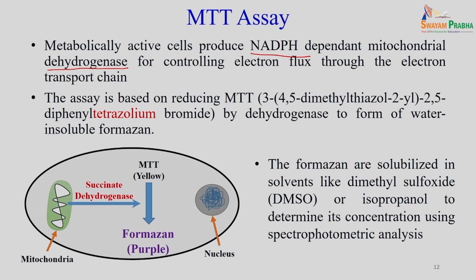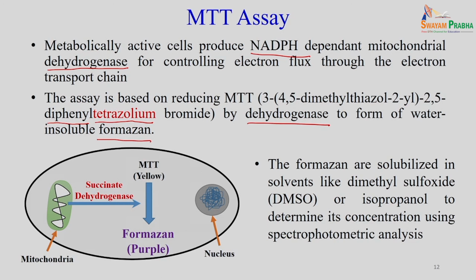Now, what happens is that MTT is a dye which has this diphenyl tetrazolium bromide group, and in the presence of dehydrogenases, it reduces it to form formazan. So, this tetrazolium is reduced to the formazan.